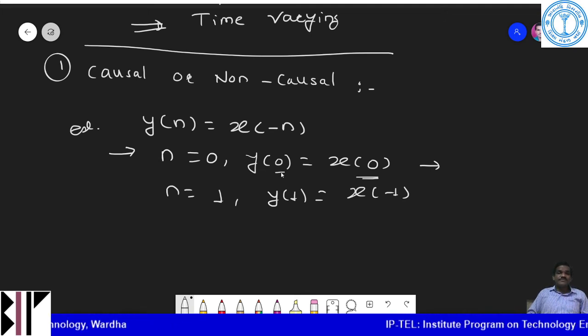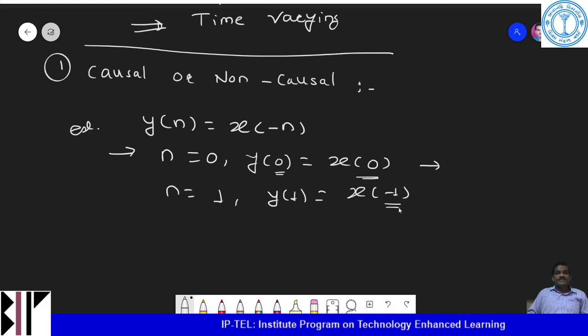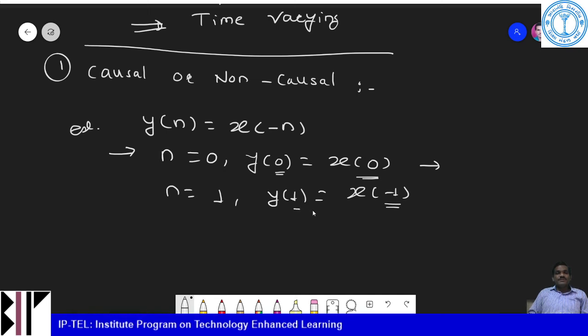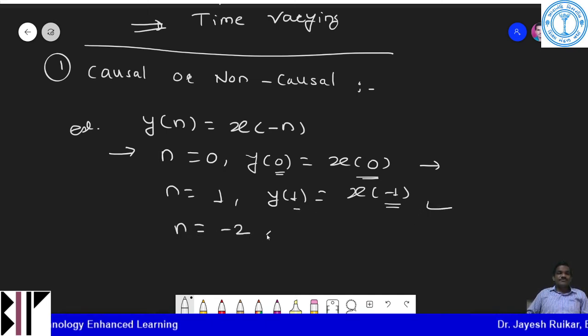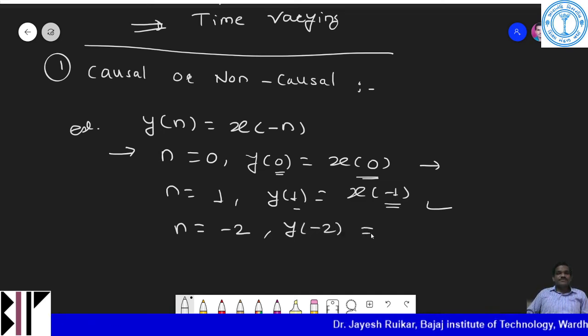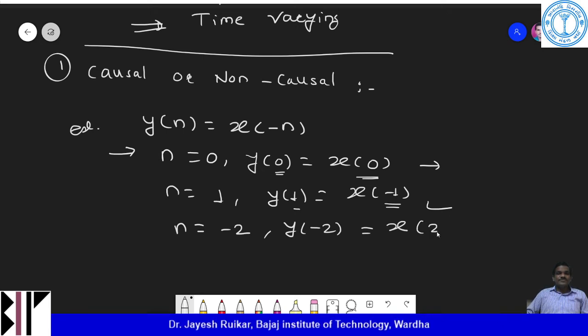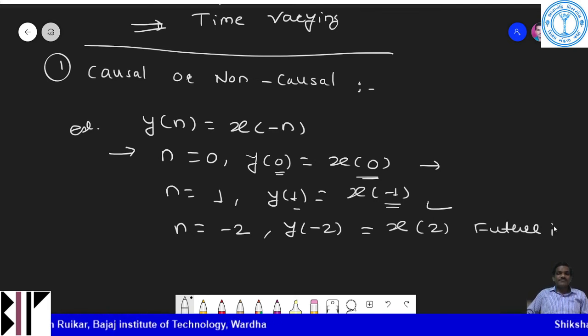But at minus 1, that means at past input, we get a future output. This is also fine. But when n is equal to minus 2, we get y of minus 2, which is equal to x of plus 2, which is nothing but the future input.